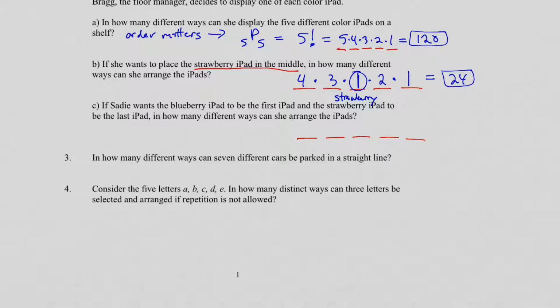Okay, so she wants the blueberry first and the strawberry last. That means she has made her determination. There's only one option you can put in each of those. So one here and one here.